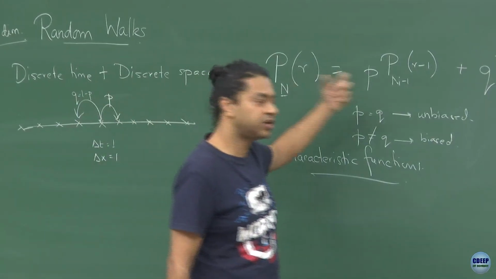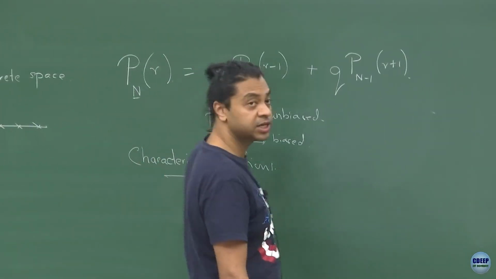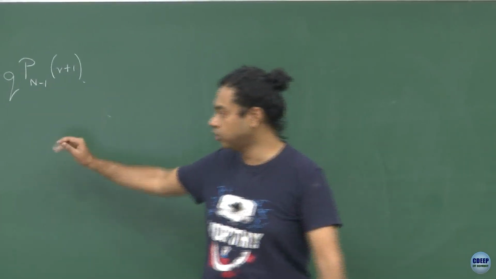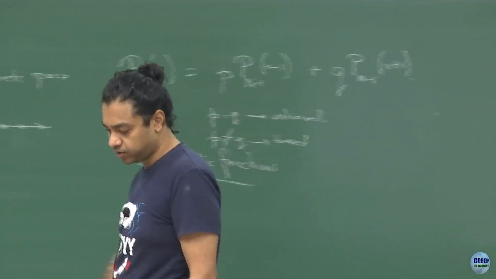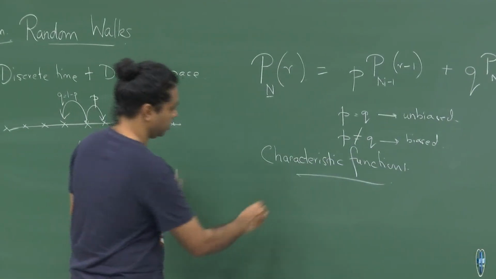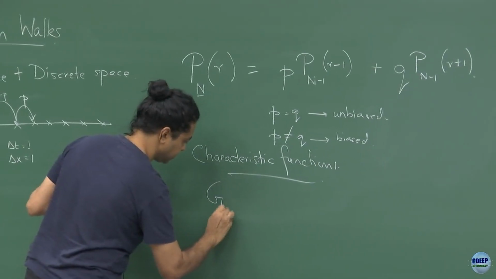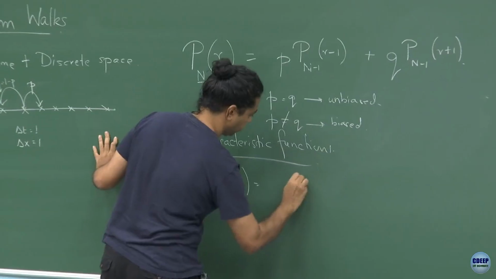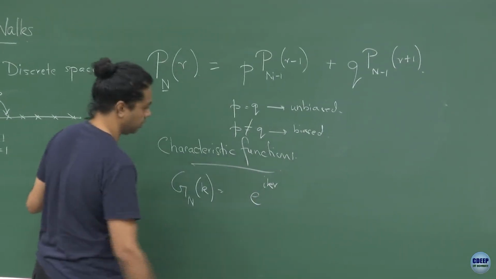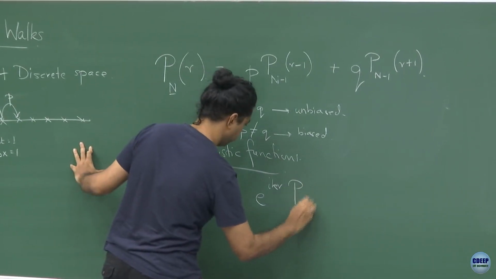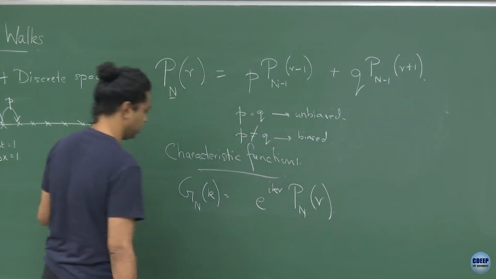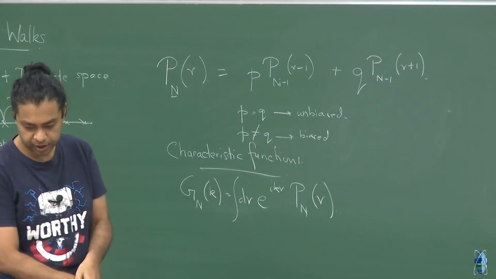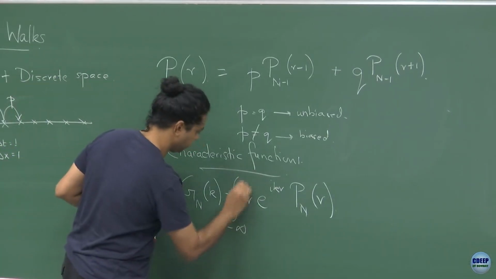The characteristic function generated for us moments of the distribution, and knowing the probability distribution is equivalent to knowing all of its moments. So we can try to calculate the characteristic function. I will call this g_n of k, it is the integral of e to the power of i k r P_n of r dr, from minus infinity to infinity.